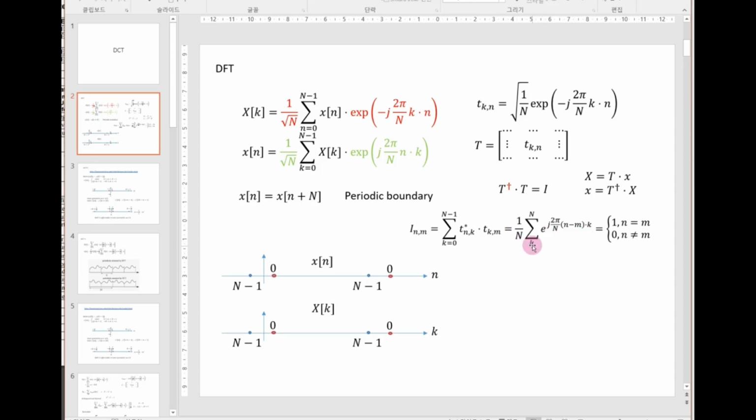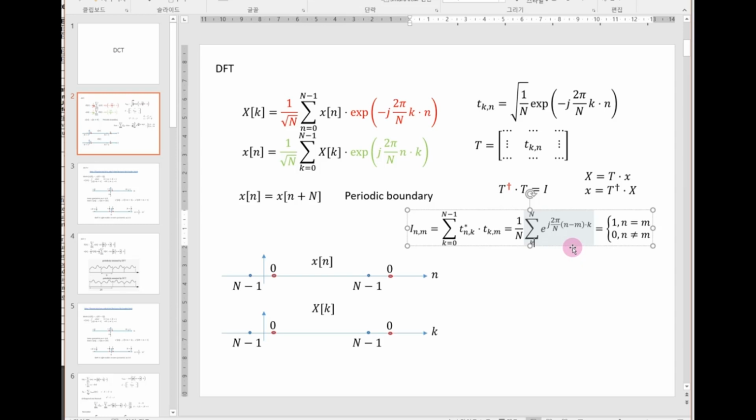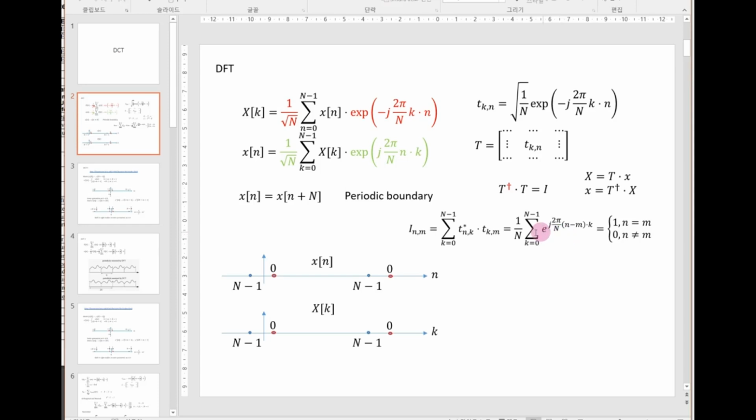Because of the basis functions from 0 to n minus 1, because of the orthogonality of the complex exponential function, if n is not equal to m, it should be 0. If n equals m, it is 1. So you can find that this is just the identity matrix. The diagonal term is 1, and all the other off-diagonal values are 0.